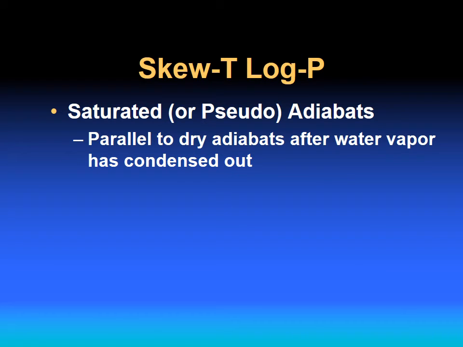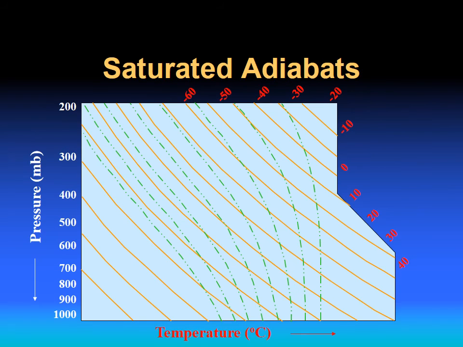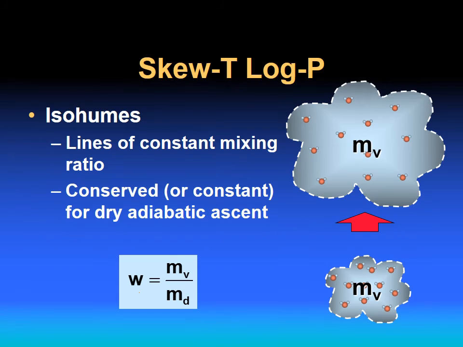And that's what this says. It says that after the air rises and all the moisture is wrung out, it'll be pretty much parallel to the dry adiabats. And that's what you see there. I have a plot of the dry adiabats and also the pseudo-adiabats. And where the air is drier and colder, you'll notice that it's pretty much dry adiabatic.